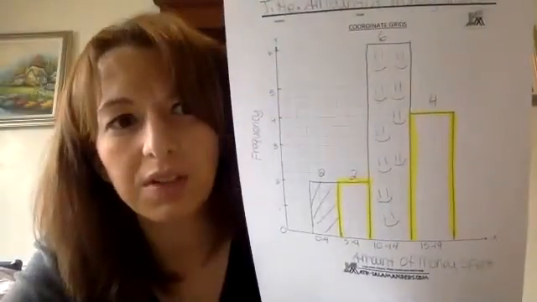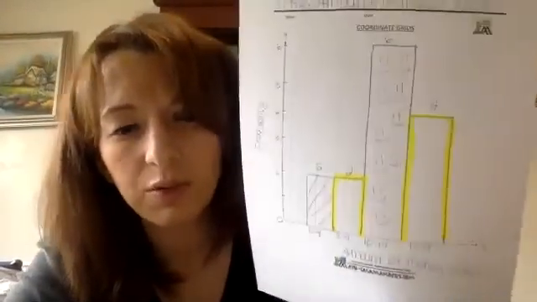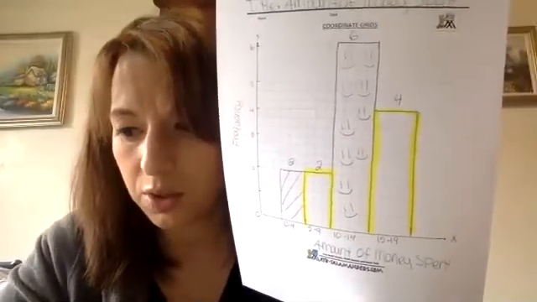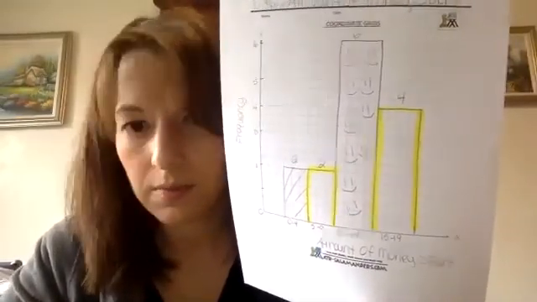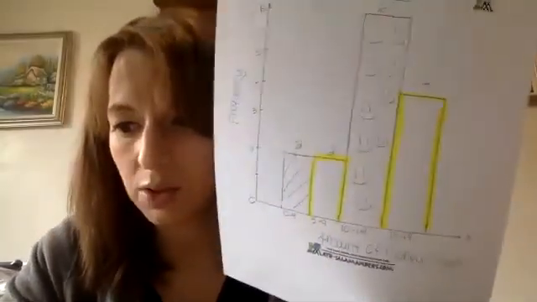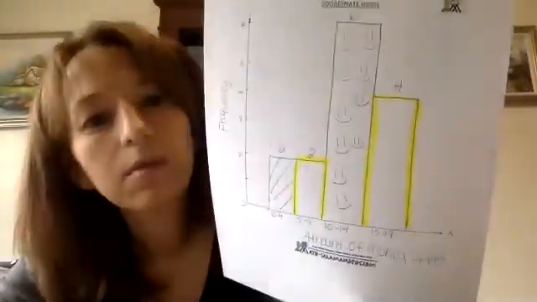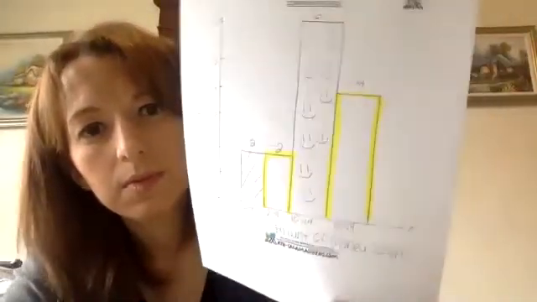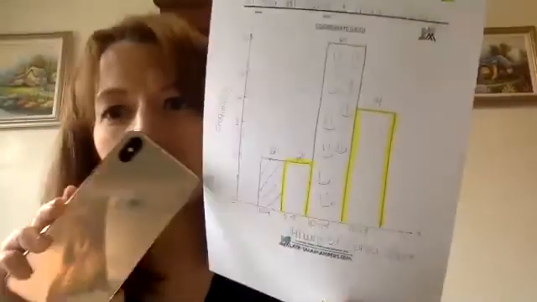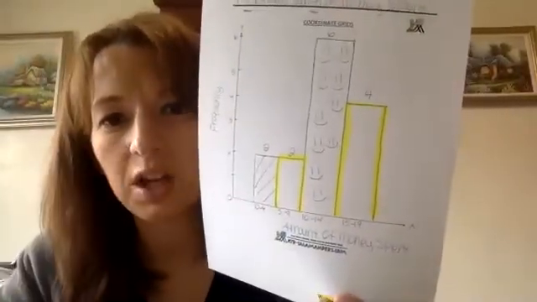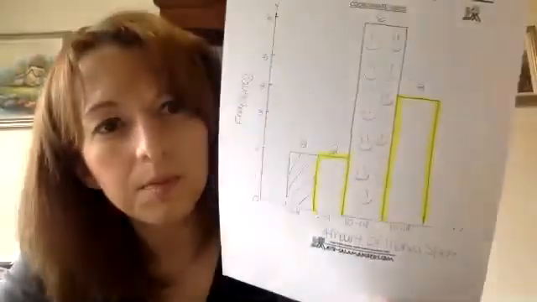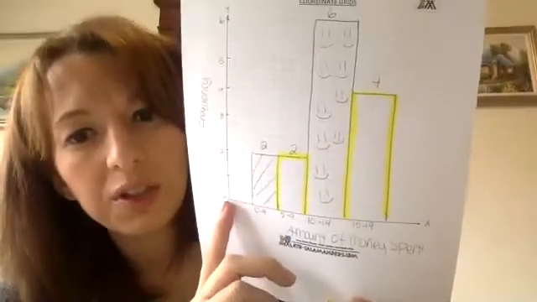Skip 3 boxes, call it 6. So you're going to skip 4 here.